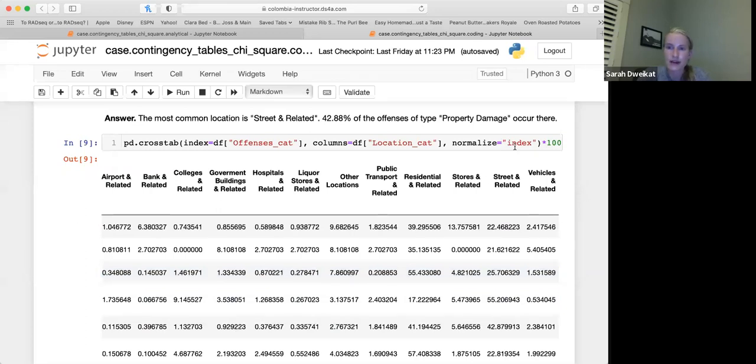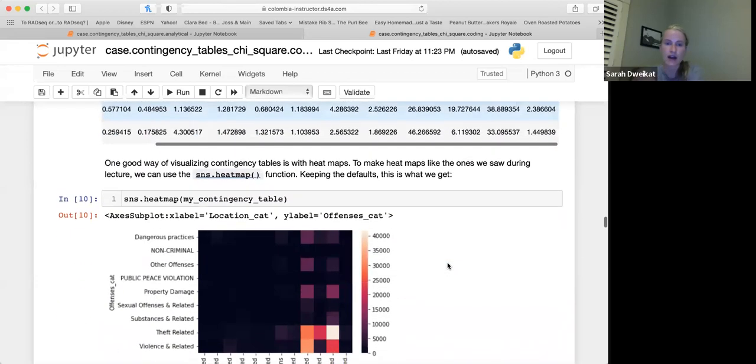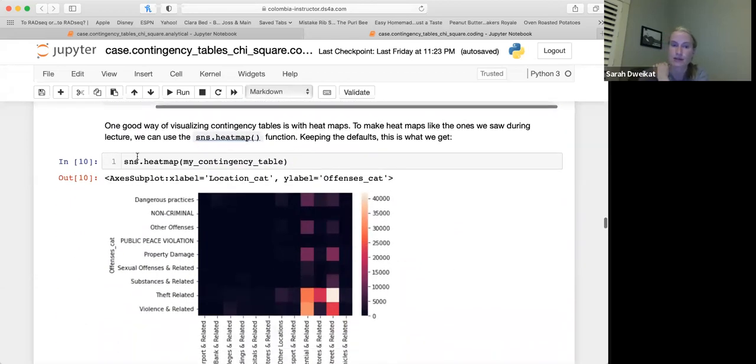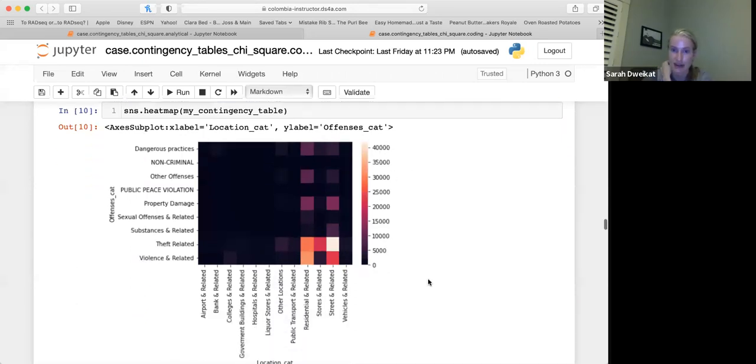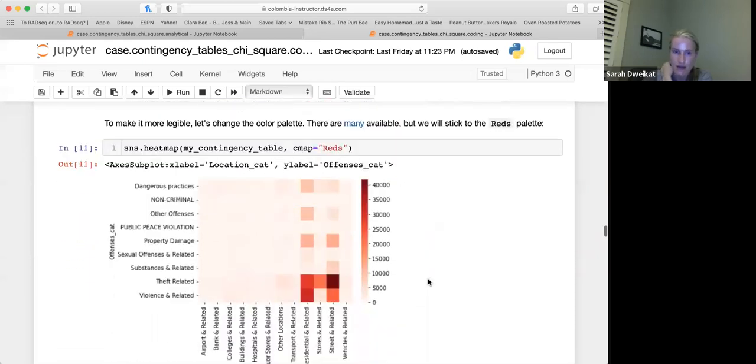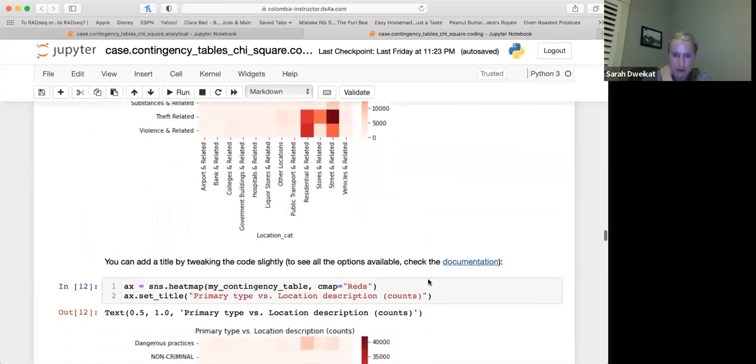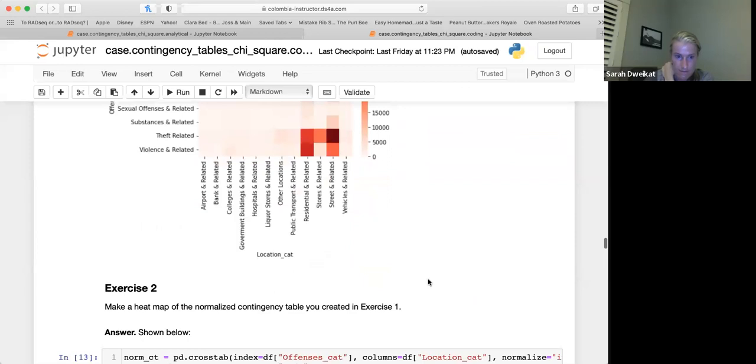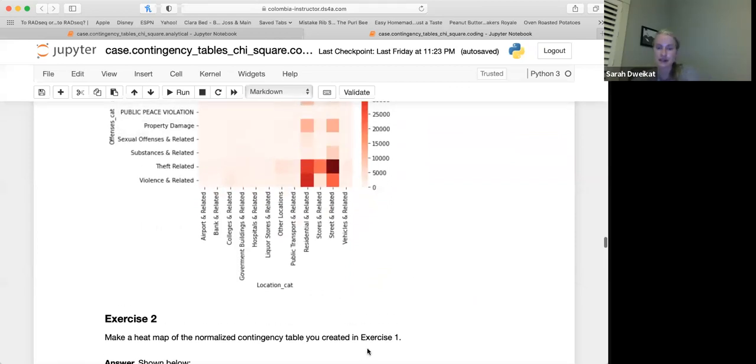So what if we wanted to make a heat map of that normalized percentage contingency table? Go ahead and try to do the code. Remember, this was the code to make that original count contingency table. So then try to make that heat map of the normalized contingency table that we created in exercise 1.